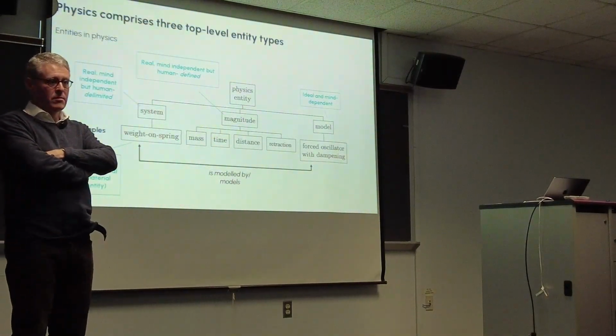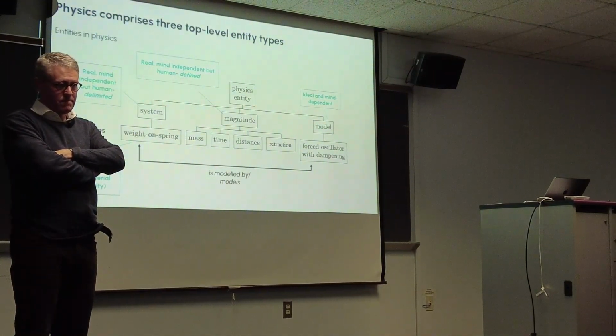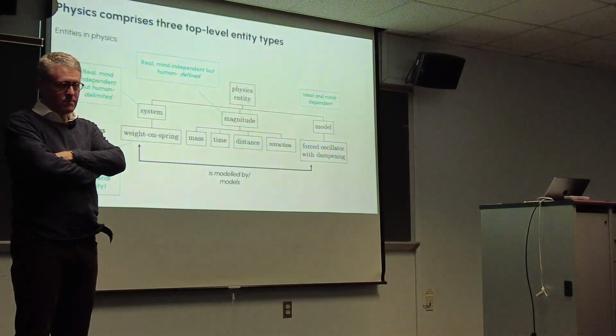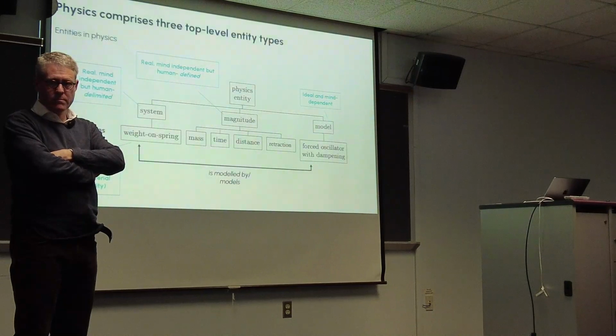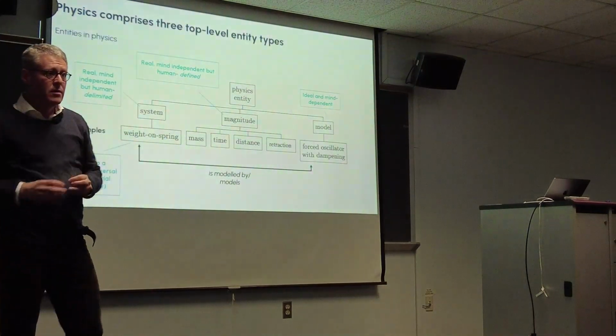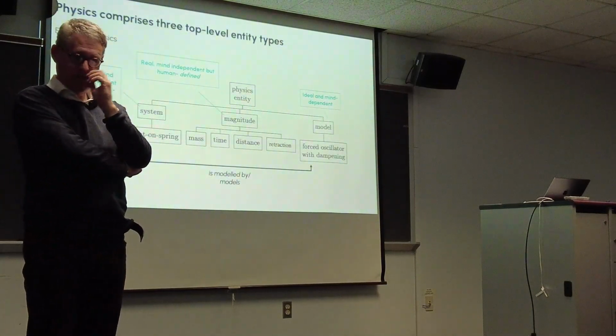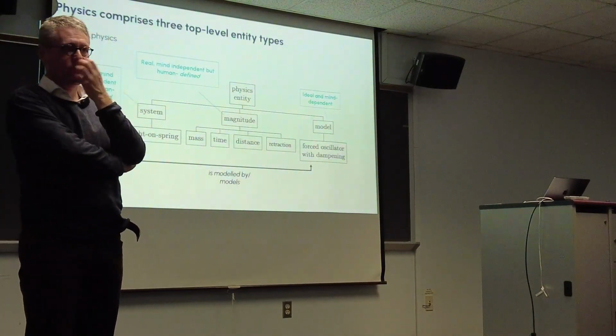But we still have very real problems, in that electric field is not in BFO either. If we're going to say that we've dealt with physics ontologically, and that electric field is something in reality, then we still have a problem because our ontology of reality is missing it.